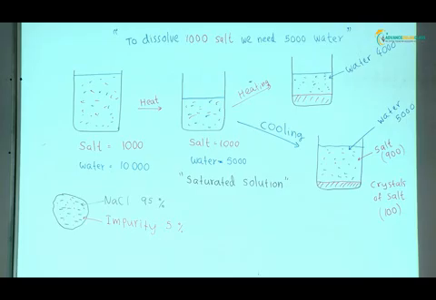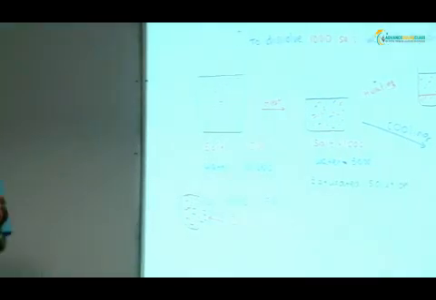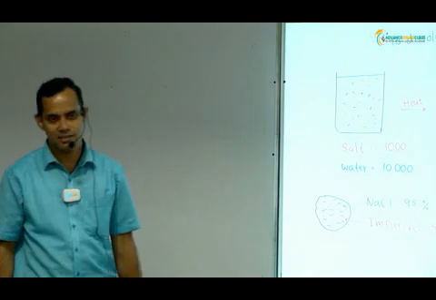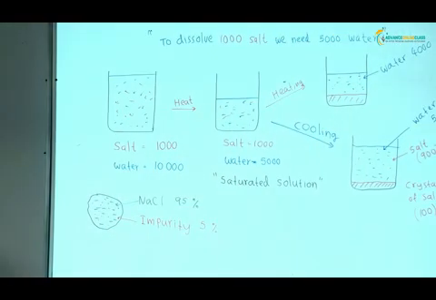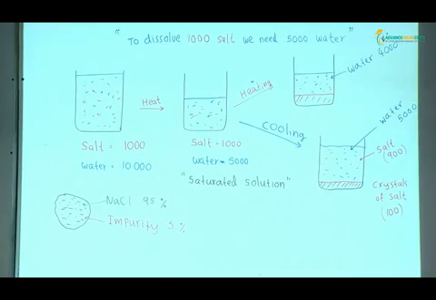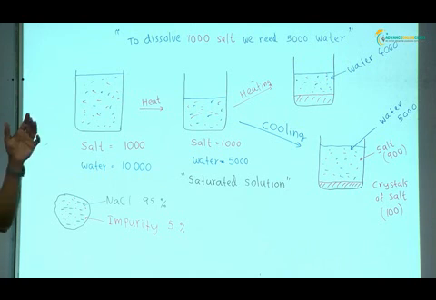Impurities are there. We don't know where. We want to remove them, so we do recrystallization. Recrystallization is this. We dissolve these impure crystals in a suitable warm solvent, and we make a saturated solution, and we filter it and we cool it.